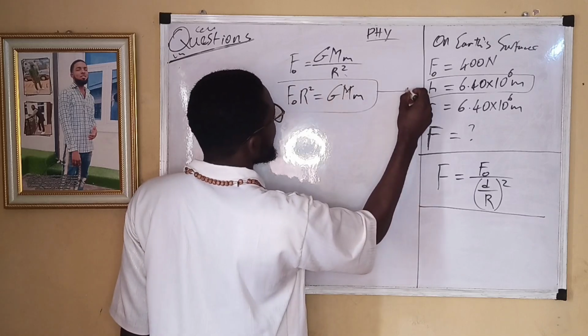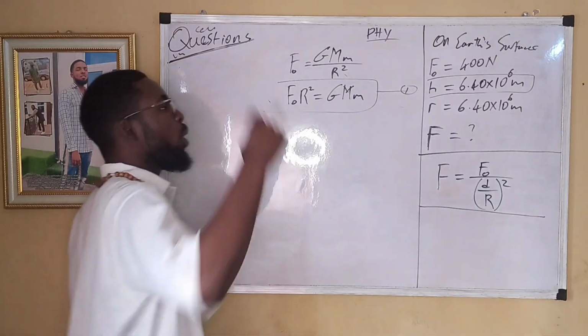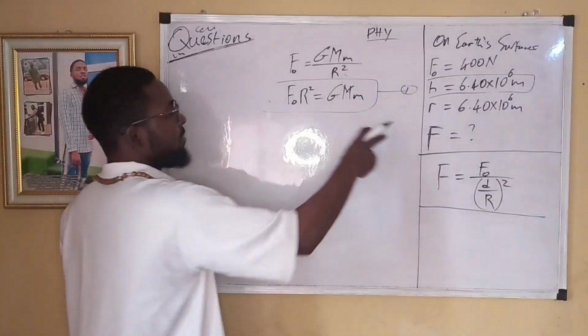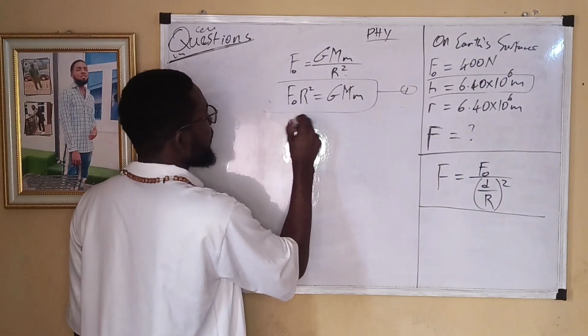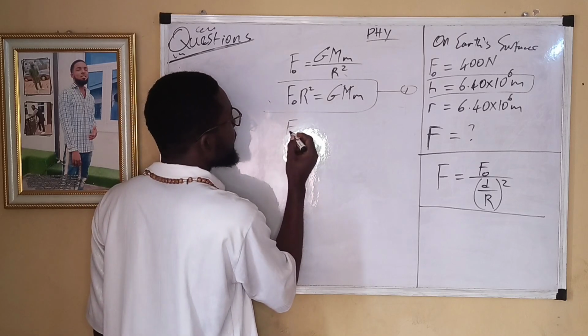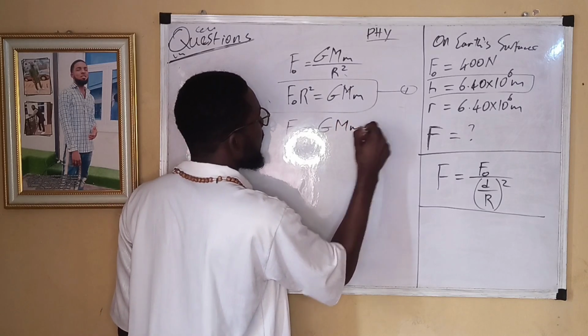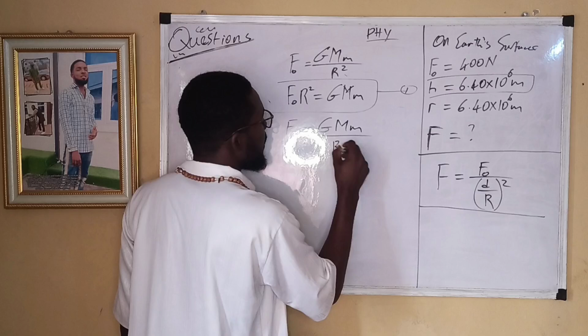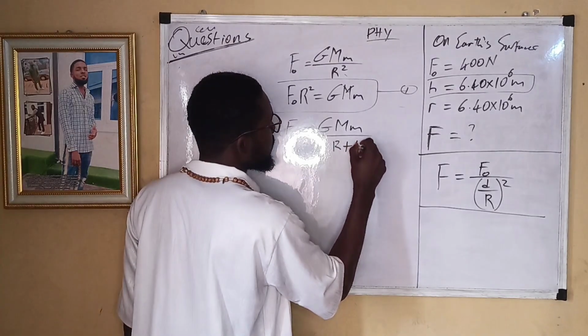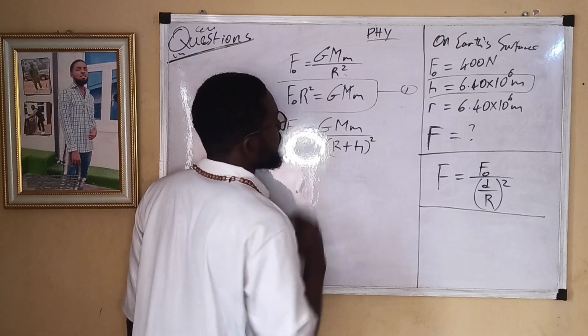Let's call this equation 1. Now, above the ground level at altitude, F equals GMm over (R plus h) raised to the power of 2.